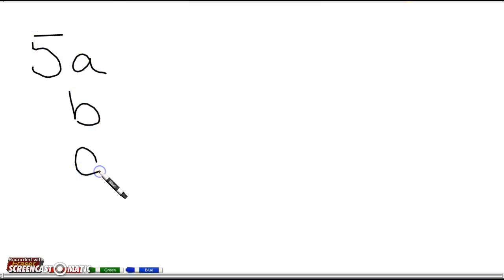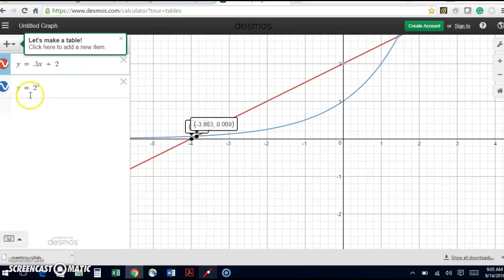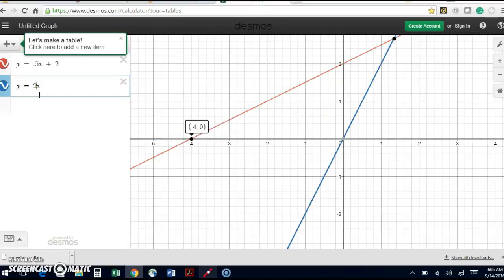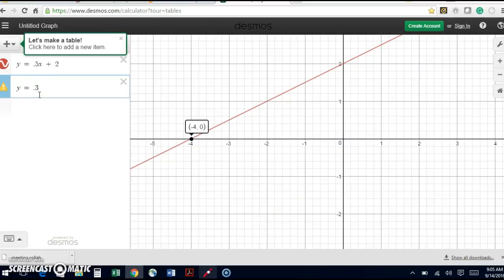And let me just pull up my whiteboard so that I can write it here. So we'll say 5a, b, and c. All right, so the first one we'll do 0.3 to the x. For the raise, I'm hitting the shift and the 6 button to the x.